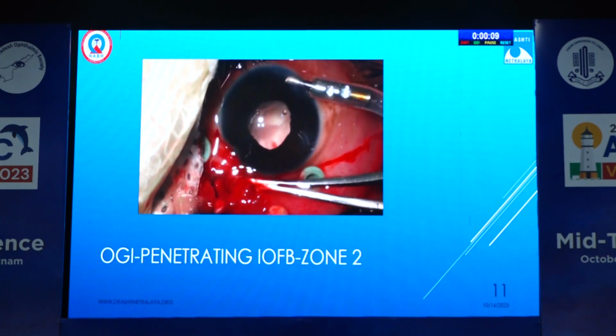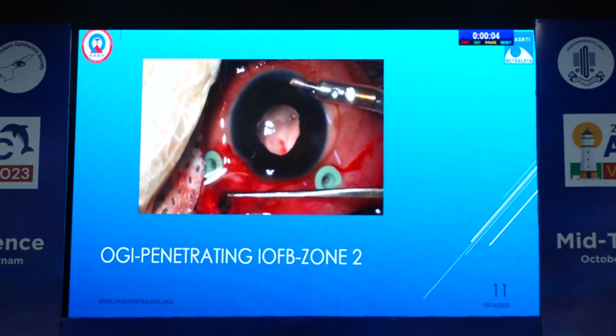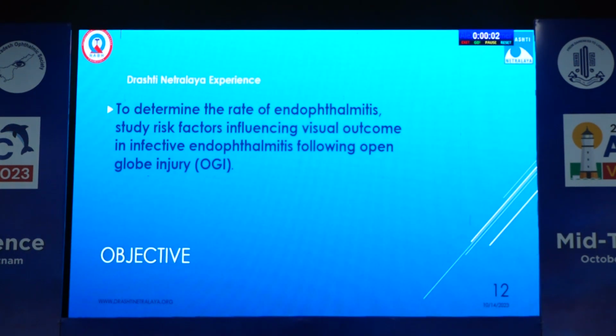This is the intraocular foreign body. So we did a study.